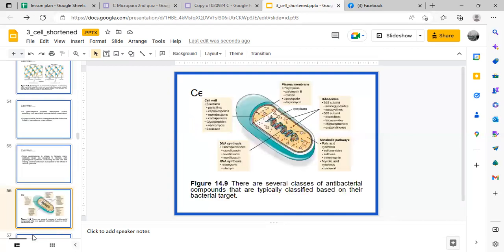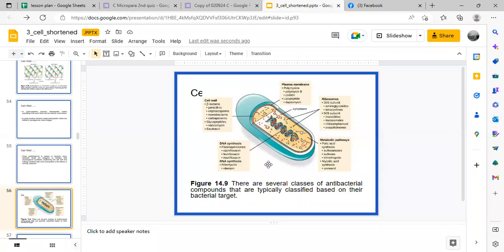Okay, so we don't have to remember all of this. But this diagram shows you the different antibiotics and their targets. I would like to emphasize that penicillin targets the cell wall, the production of the cell wall of bacteria.